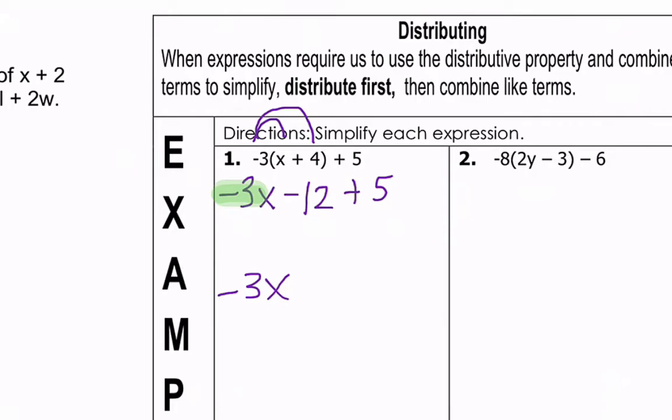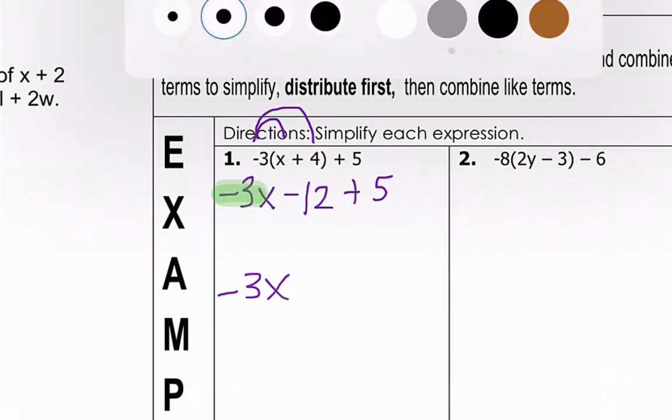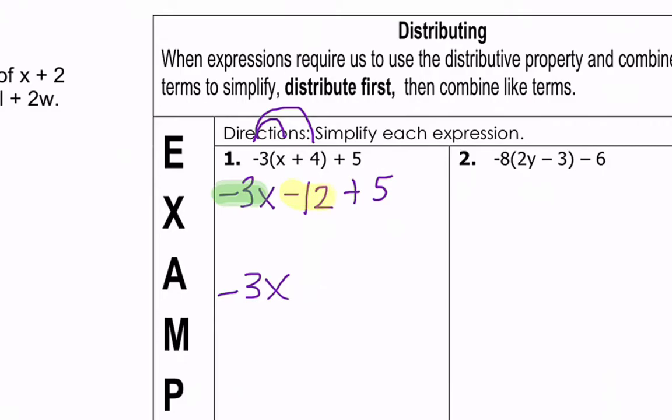Next we're going to do numbers that are all alone, the constants. I see a -12 and I see a +5. Those are two numbers I need to combine. -12 plus 5 is a -7. So I'm going to write that as -7. And we're done.